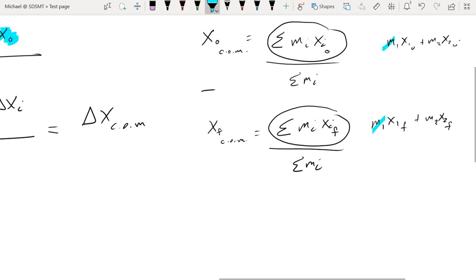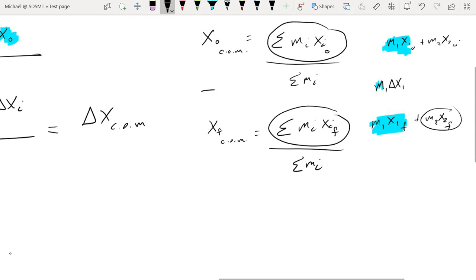So when I take the mass 1 x1 final and I subtract the mass 1 x1 initial, what I get is mass 1 times the change in position for mass 1.